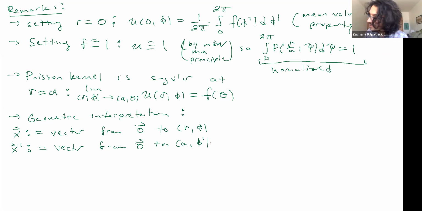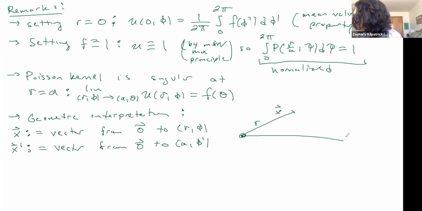Then in that case we can draw this sort of triangle. So here's my x here. I'll label this radius as r here, and then I'll draw another vector here. We'll call that x prime, and that's living on the boundary here.